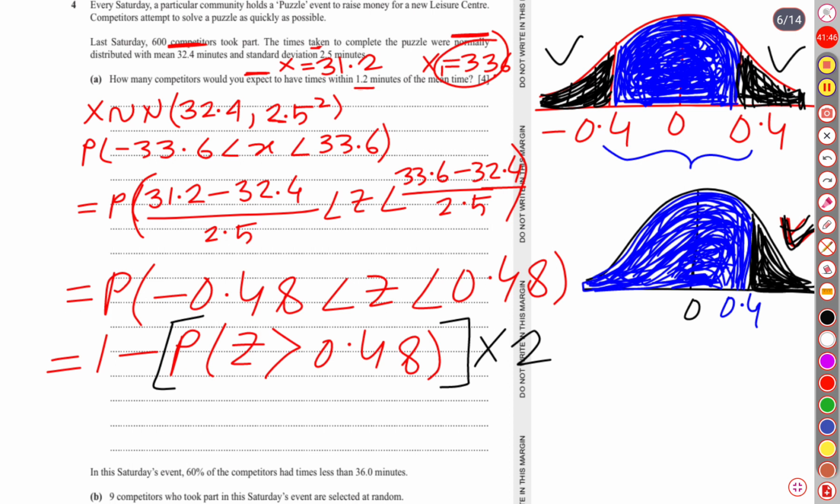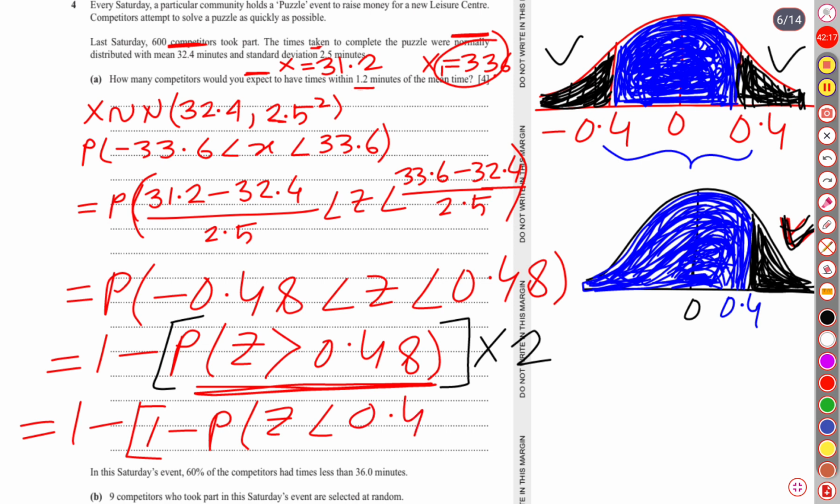Now there is another twist. What is that twist? Look at this, 1 minus, this portion is for which part? Only the right, dark shaded part. How can we find this dark shaded part? It can be found from the whole if we subtract the left part, the probability of z less than 0.48. Then as usual it will be multiplied by 2.